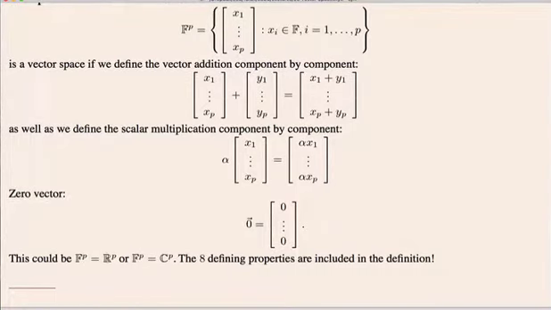And this could also be R^p, where we have only real numbers, or it could be C^p, where we have complex numbers. So the 8 defining properties are included in the definition. It can be checked, actually, if you remember the properties of vector addition. They exactly cover all the 8 properties.